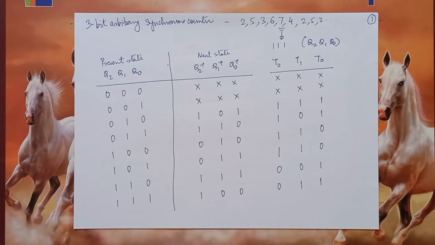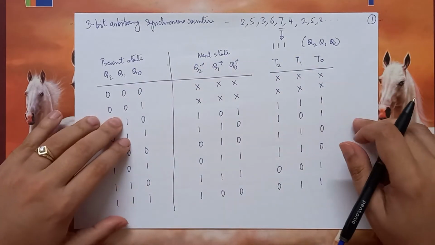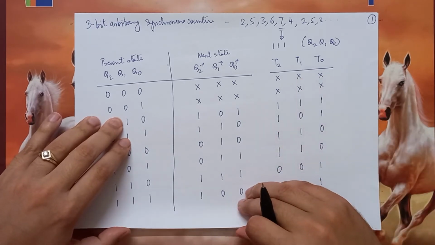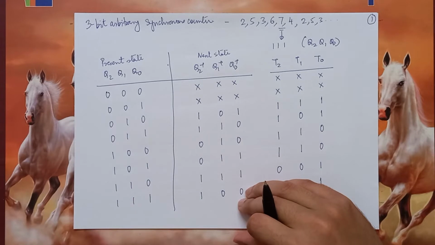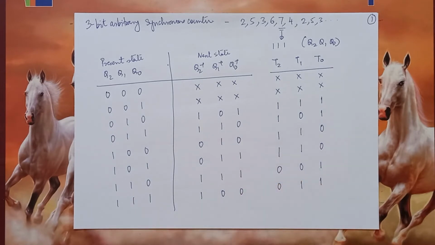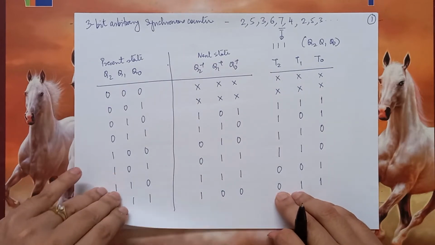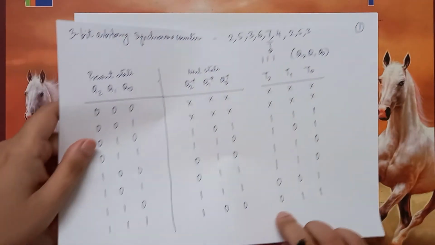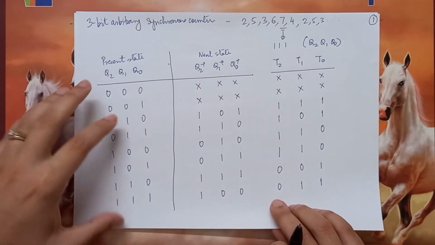Alright. So using this we can make the Kmaps for T2, T1 and T0, each of them, and see what would be the expression for each of these. So let's first note down the minterms.